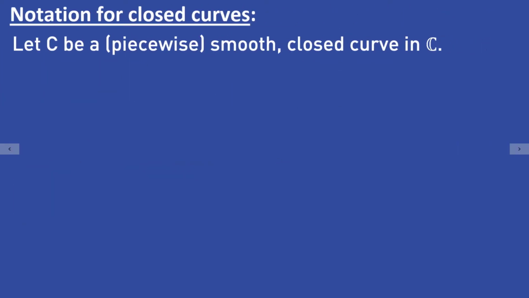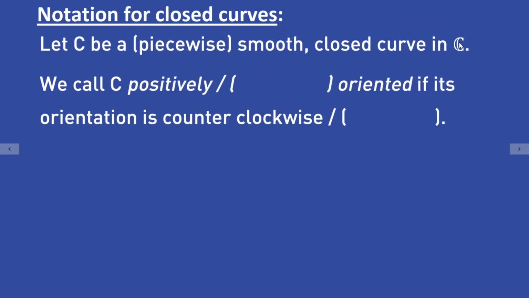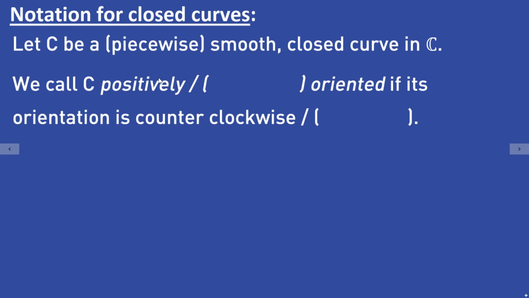Before we take a look at the residue theorem, I want to talk about closed curves a little bit. Let C be a piecewise smooth closed curve in the complex plane. We call the curve C positively oriented if the orientation of the curve is counterclockwise.